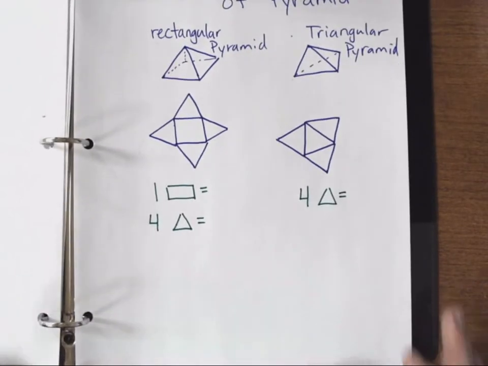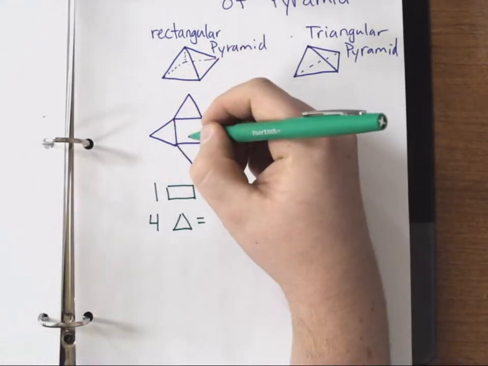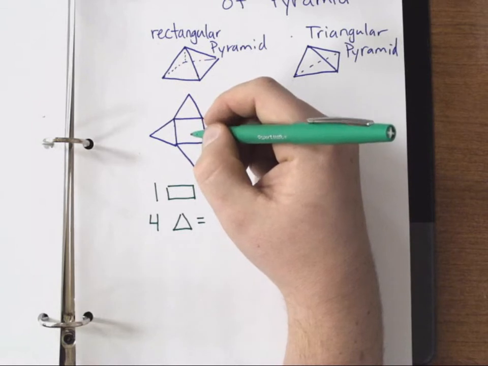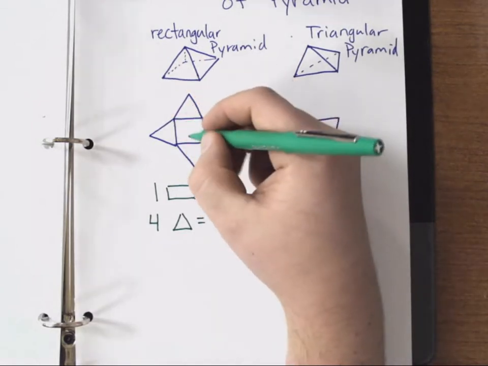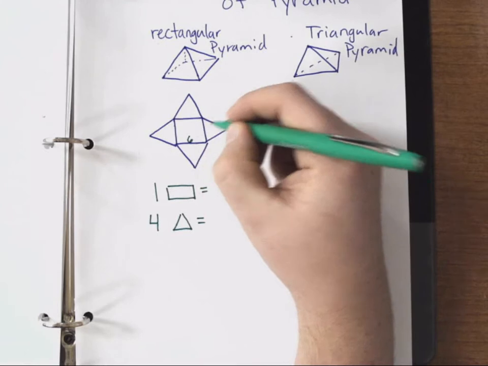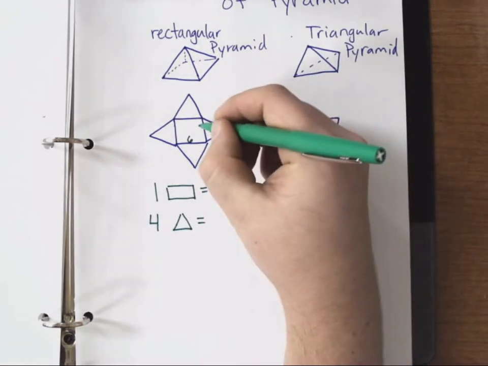Okay, so let's try a couple here. I'm going to give you the value of the base, and I'm also going to give you the height. Let's just use these examples here. So let's say that the base of our rectangle, let's just make this one a perfect square. So let's say that all the sides are 6.